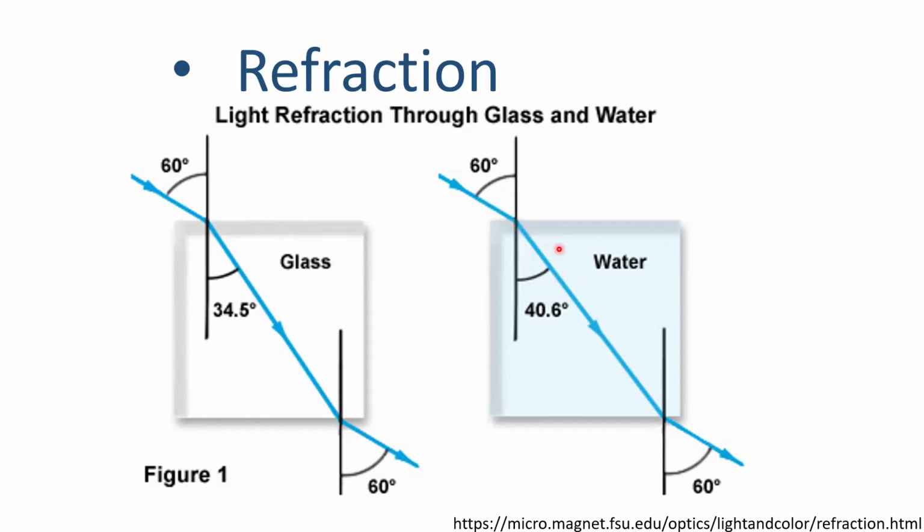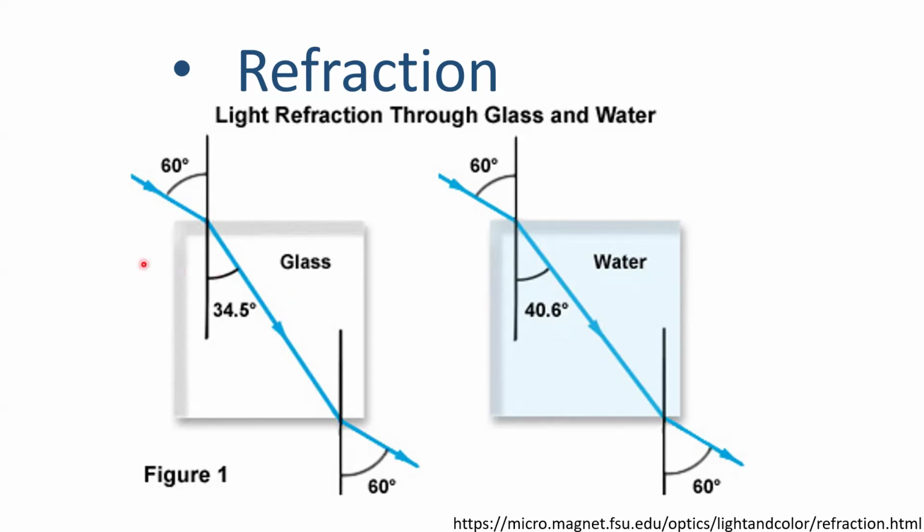It's going to be closer to the original path of travel, or the direction of travel. So different mediums are going to affect the light in a different way, which we can say that the different mediums have different index of refraction, not a reflection.